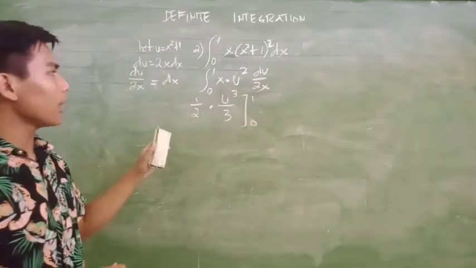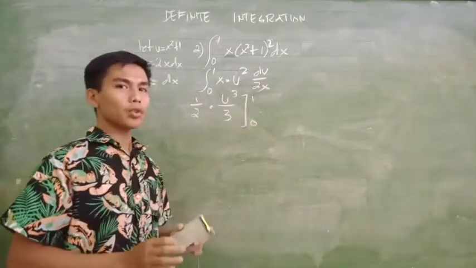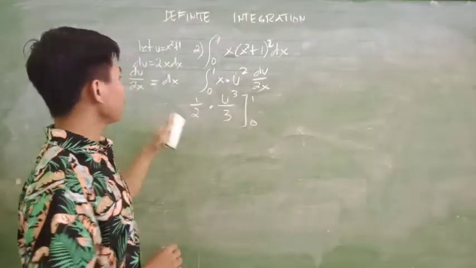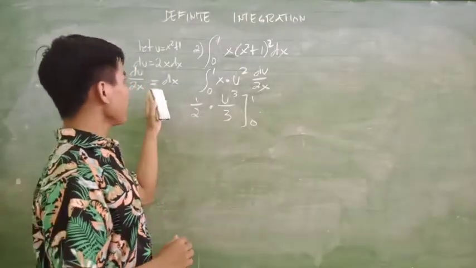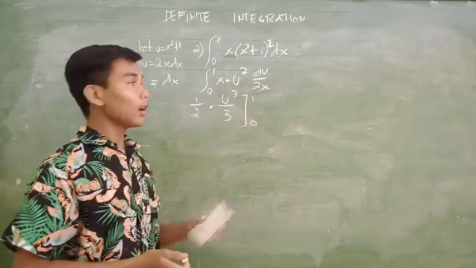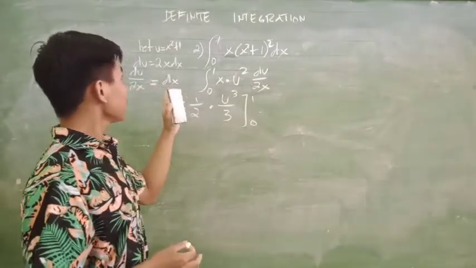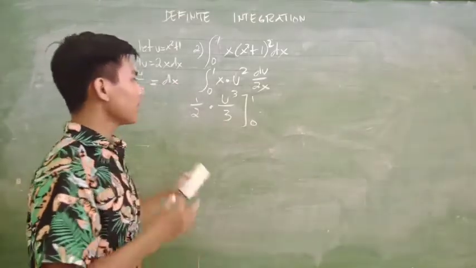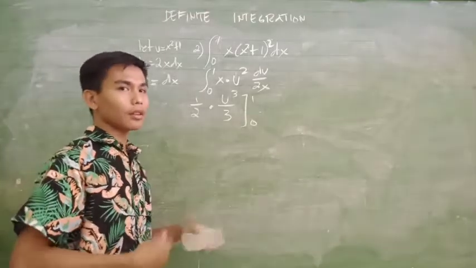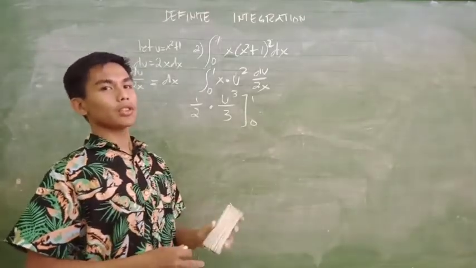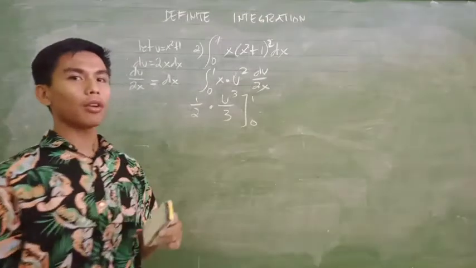So unlike u substitution, that you will substitute your original function, that would take a longer process of solving, we have now to use change of limits to make it easier.